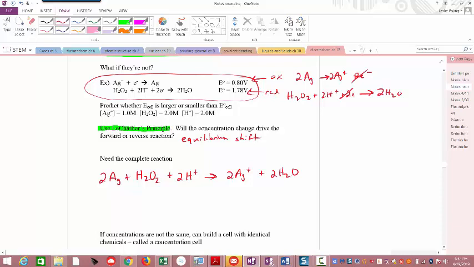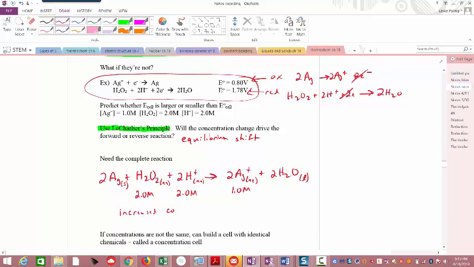Okay, this is an equilibrium, so the fact that this is solid, this is aqueous, this is aqueous, this is aqueous, and this is a liquid are going to be important. Okay? So, this one stays at 1 molar, so that stays standard. This one goes to 2 molar. This goes to 2 molar.